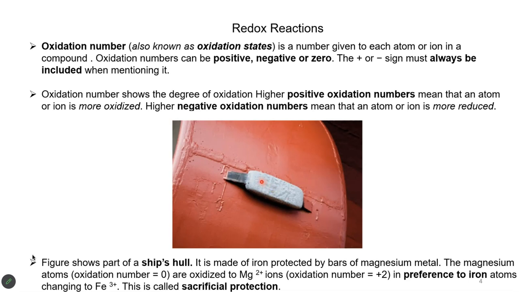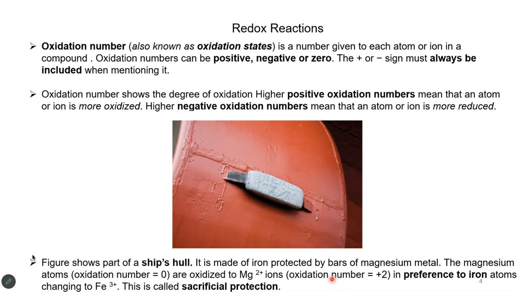Magnesium is easily oxidized in preference to iron. Therefore, this magnesium bar is called sacrificial protection for the ship's hull. This is used in Navy ships, naval ships.